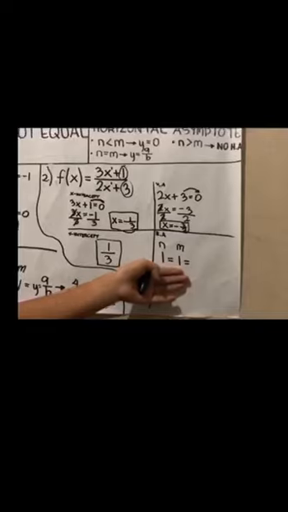Let's proceed in finding the horizontal asymptote. In finding the horizontal asymptote, we need to get the exponent of the first term of the numerator and the first term of the denominator. The first exponent is 1. In the denominator, the exponent is also 1. So 1 is equal to 1. In this part, we must follow this guide: if n equals m, it will give us y equals a over b.